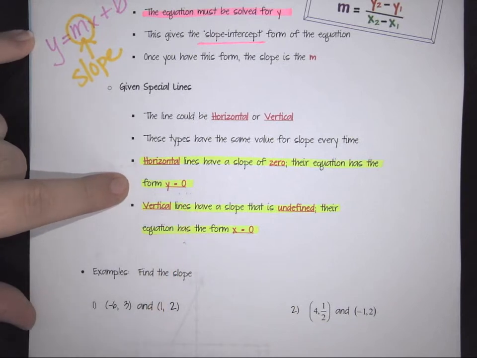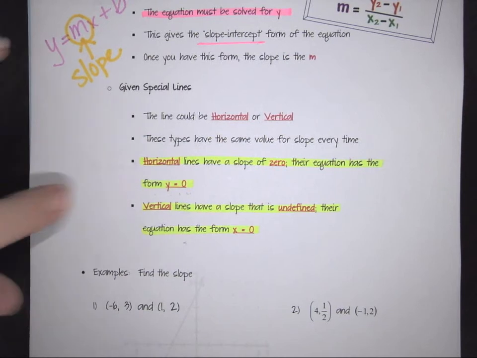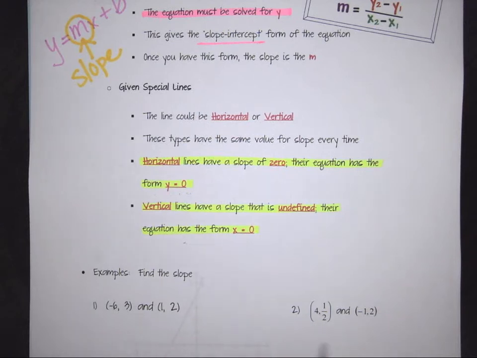What it means is that you are not changing your y value in any way. Now, vertical lines have a slope that is undefined, and the reason for that is because a vertical line has an equation where you have x equals, and you are not changing your x value.